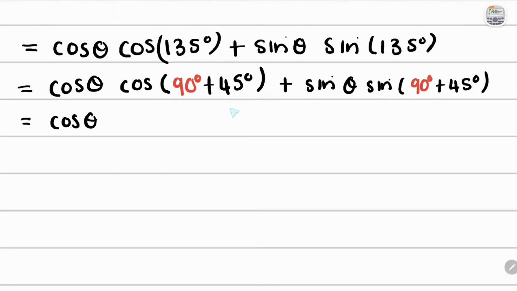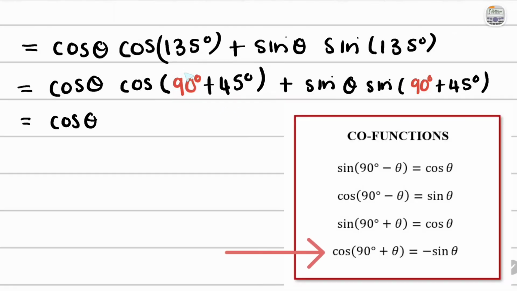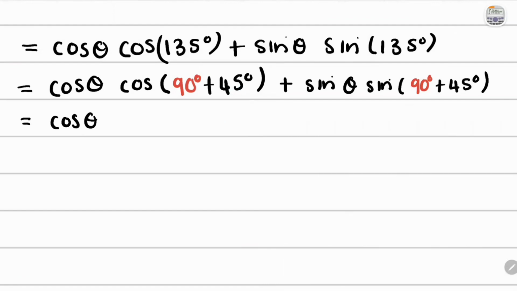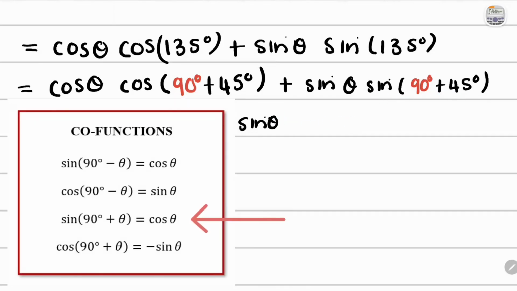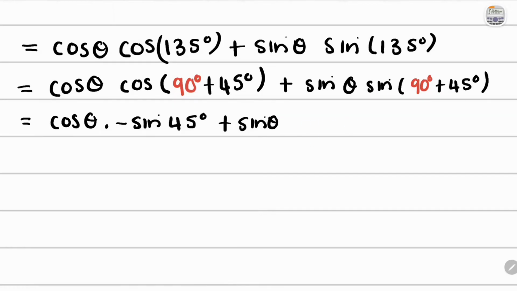Using cofunctions, remember this is like cos 90 degrees plus a, so this will become negative sine 45 degrees. And then plus we have sine theta, and this is going to become positive cos 45 degrees.